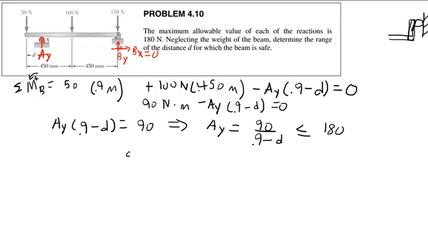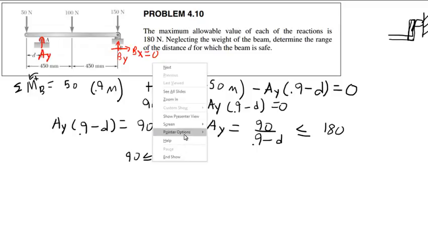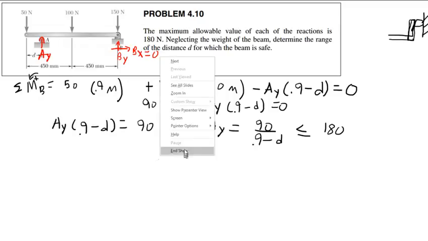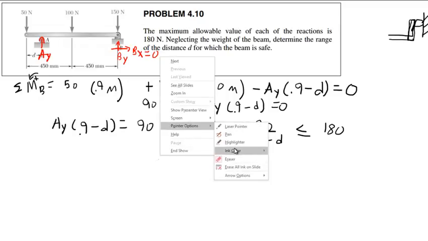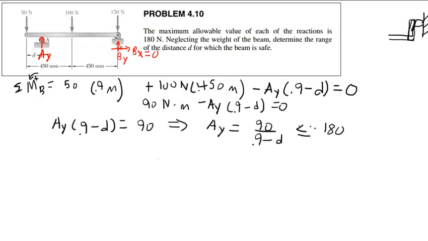So we're going to say 90 is less than or equal to, actually let me just go ahead and move this over and divide by this. So I'm going to divide both sides by 180 and multiply both sides by 0.9 minus d. And I will get 0.5 is less than or equal to 0.9 minus d.